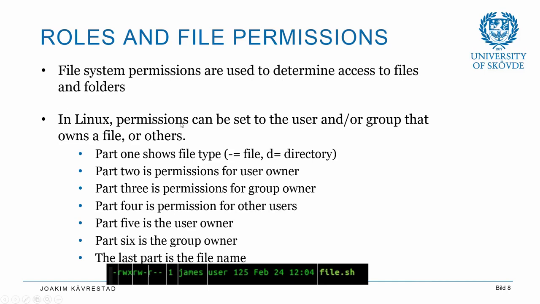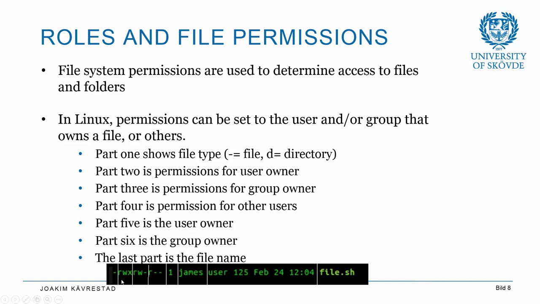So if you look at the bottom part here in the slide, this is actually a permission string where I tried to draw some white lines to explain the different parts of it. So if we look at the very first part here, which is in this case the dash, this shows the file type, where a dash is a file and it can be a D, meaning that this would be a directory or folder.